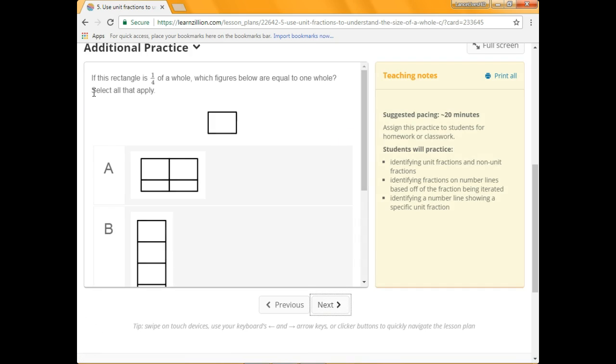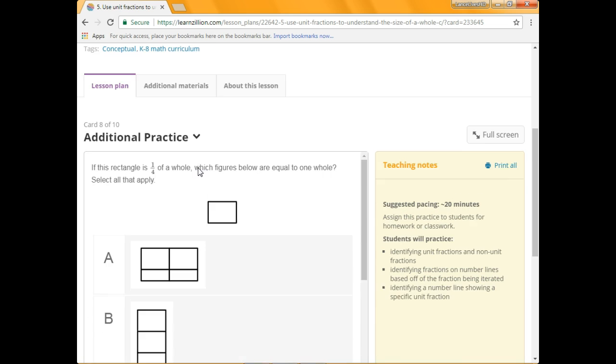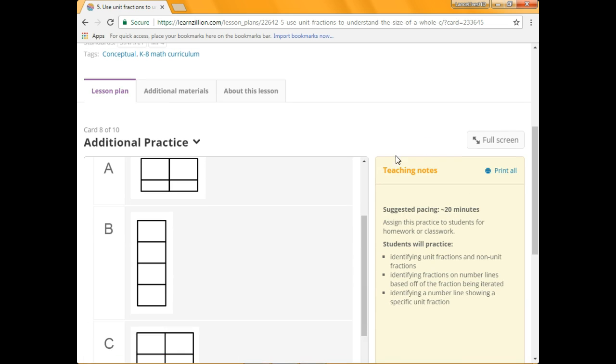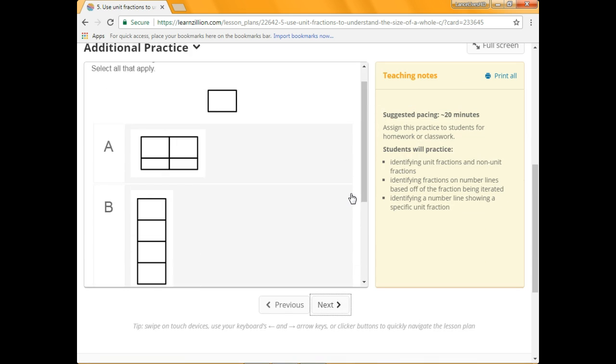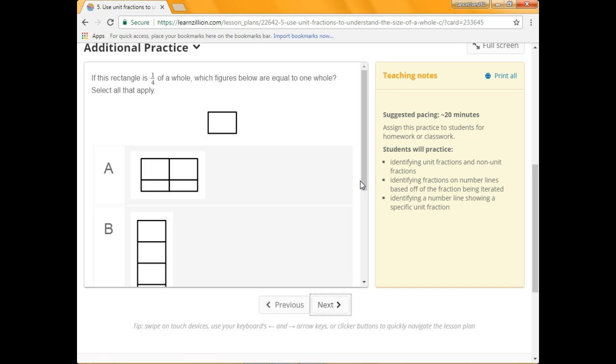And the next one. If this rectangle is 1/4 of a whole, which figures below are equal to one whole? Select all that apply. So now we're going to do 2 practices that we can work on our skills with. So I'll repeat the question if you didn't hear that well.